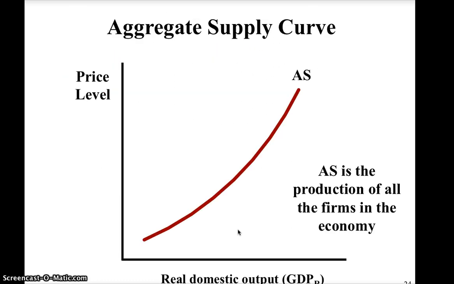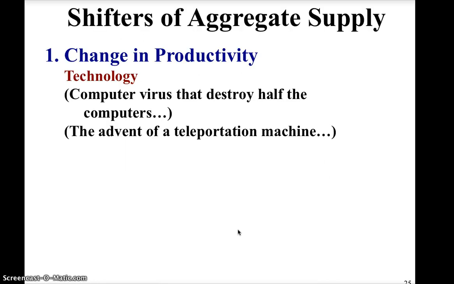So now that you understand this basic curve, let's look at how the curve shifts, and then in a future video we're going to talk about the three different potential aggregate supply curves. So the first thing that could shift aggregate supply is a change in productivity. So think about technology.